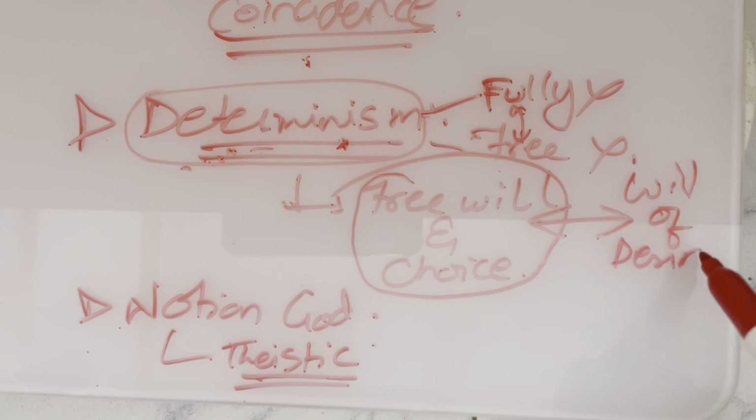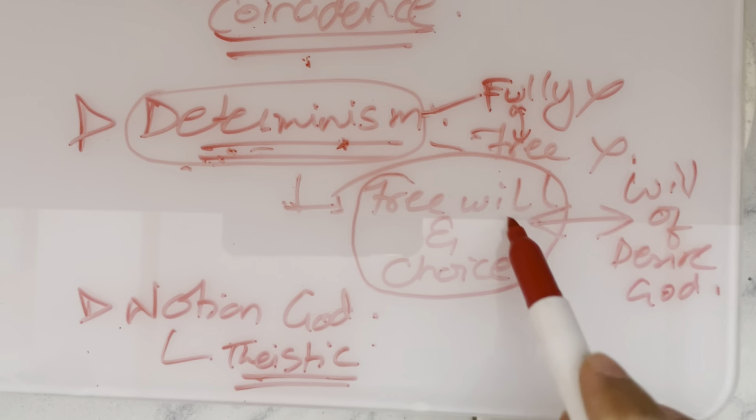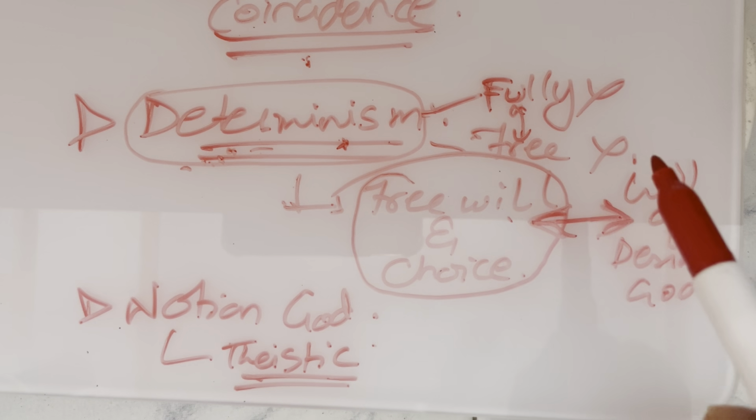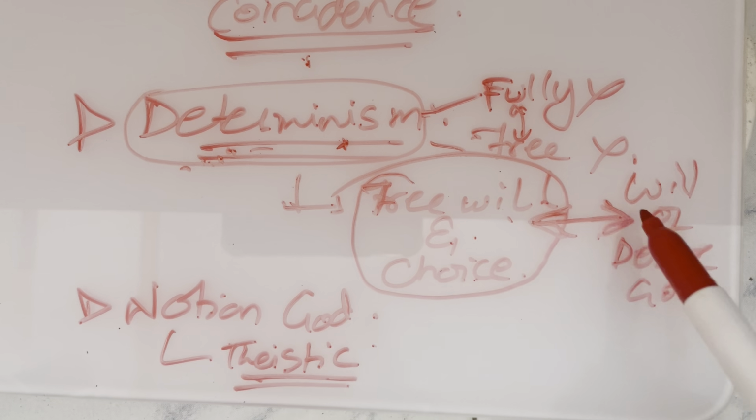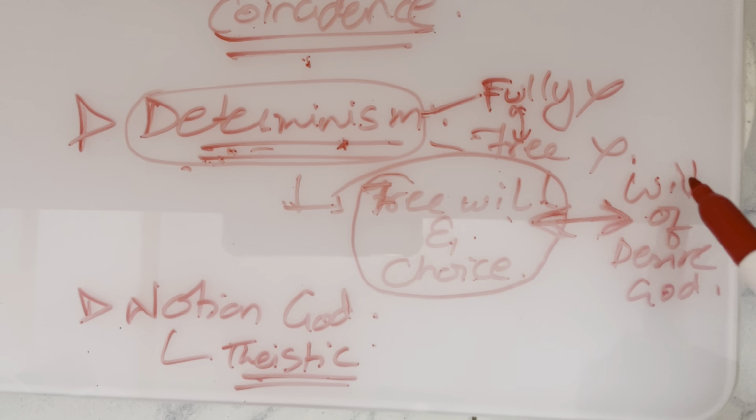This is kind of an asymptote between the free will and choice of the individual monad and the will and desire of God.